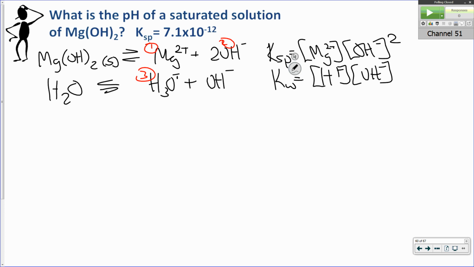And for metal hydroxides, the charge balance and mass balance equations are the same. So it kind of makes life easy for us if we recognize that. And the easiest one of those to write, I think, is always the charge balance equation.